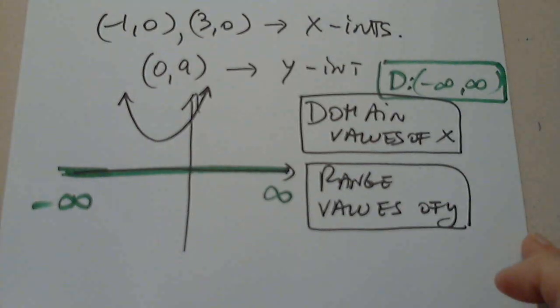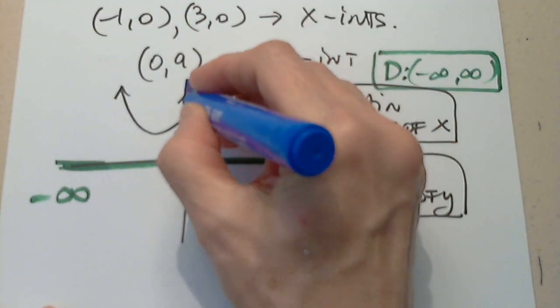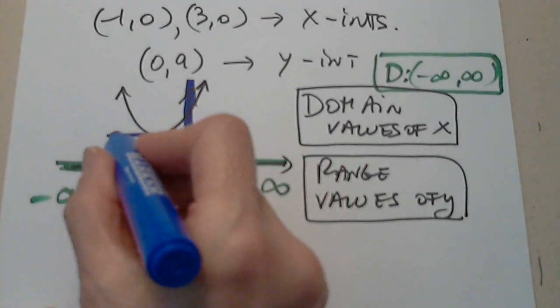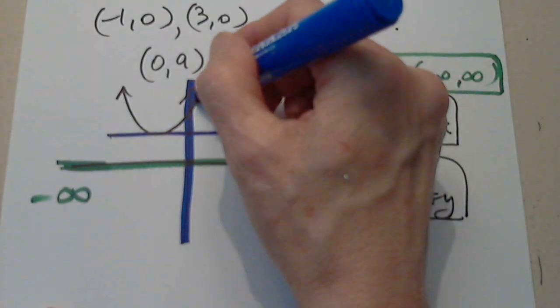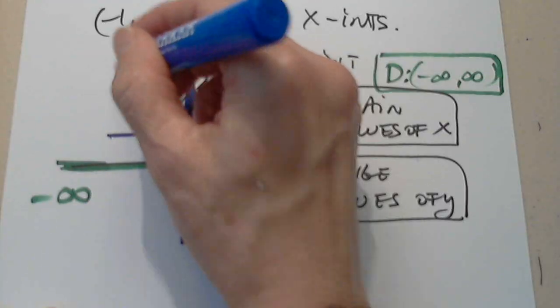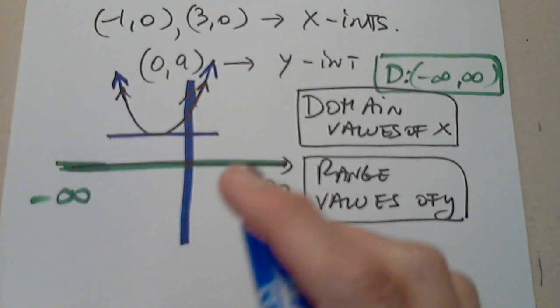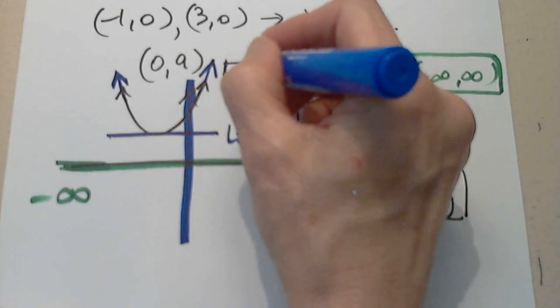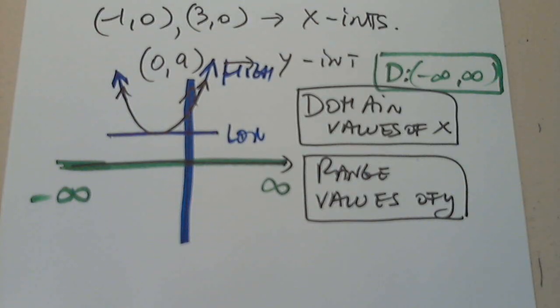Now, values of y. Values of y are determined on the y-axis from the lowest y value to the largest y value. Now, we have to read from the graph, not from my graph.